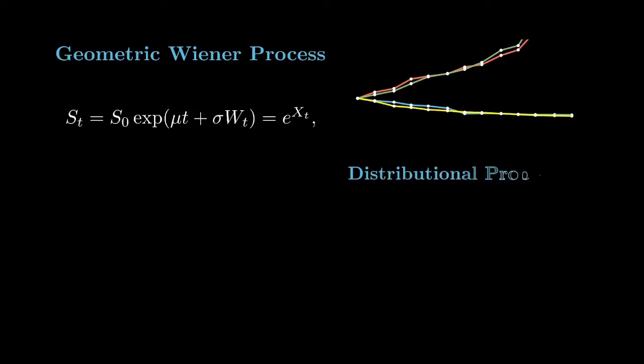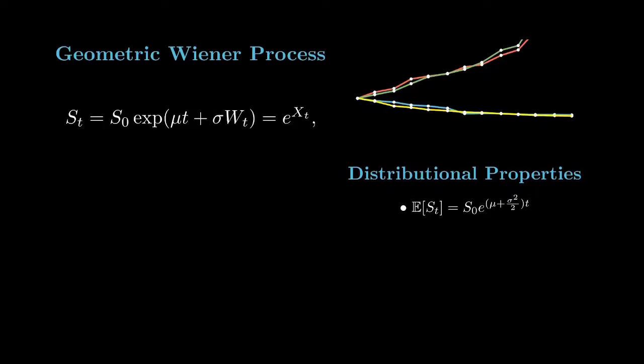The other property is the distribution property of a geometric Wiener process. The geometric Wiener process is log normally distributed with mean, or expectation, logarithm of S naught plus mu times t, and the variance is sigma squared times t.